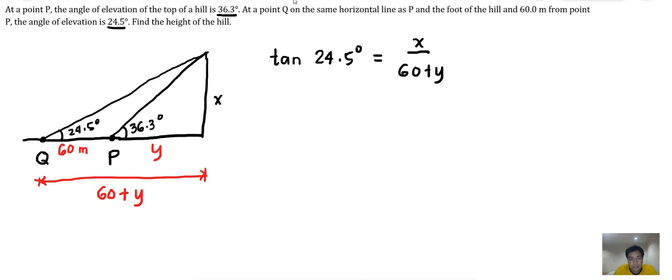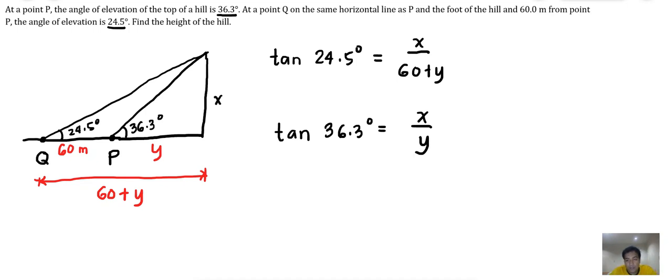Okay, so that is our first equation, and then our second equation will be based on the second, smaller right triangle. We also use the tangent function since we are given sides x and y. So tangent of 36.3 degrees is equal to the opposite side x over the adjacent side y.